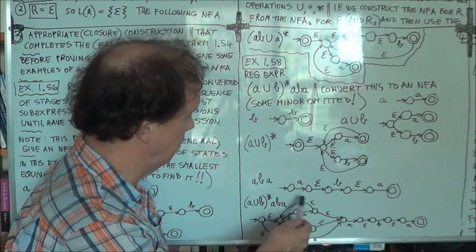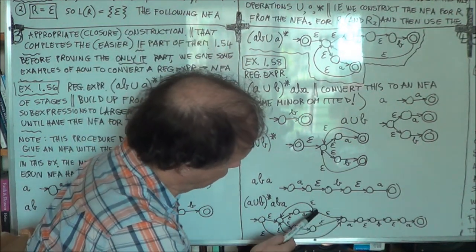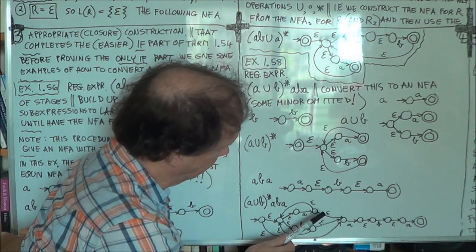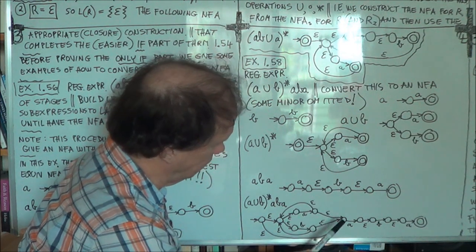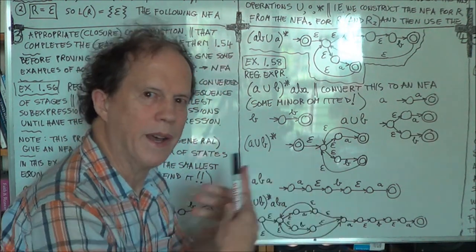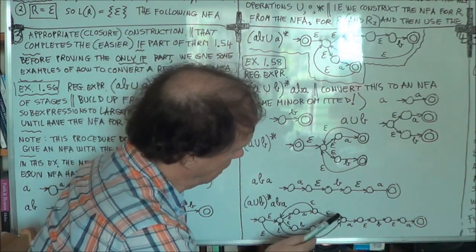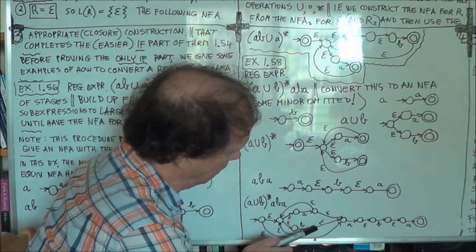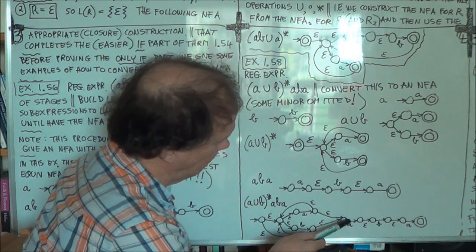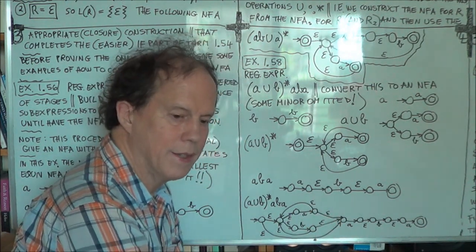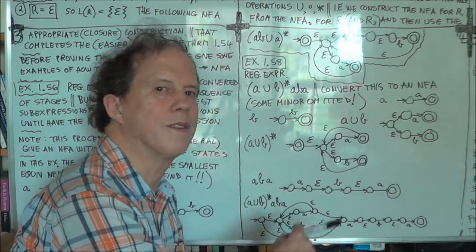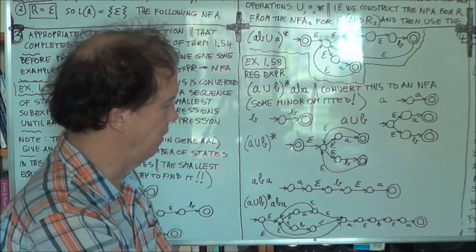Okay, so you construct epsilon arrows from the accept states of the x part of your xy, right? Those epsilon arrows then connect to the start state of your y string, so to speak.